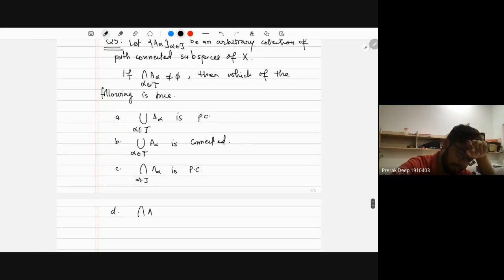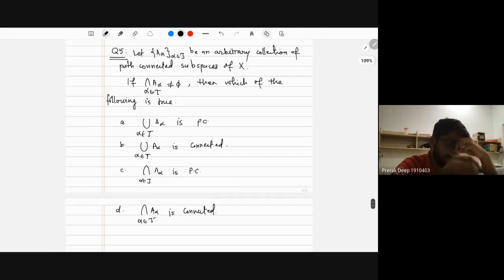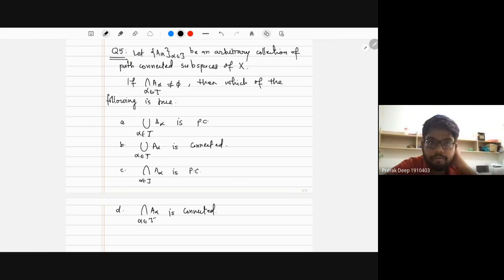Option D, their intersection is connected. All right. Again, I will give you a few minutes to think about this question, and then we will discuss the solution.